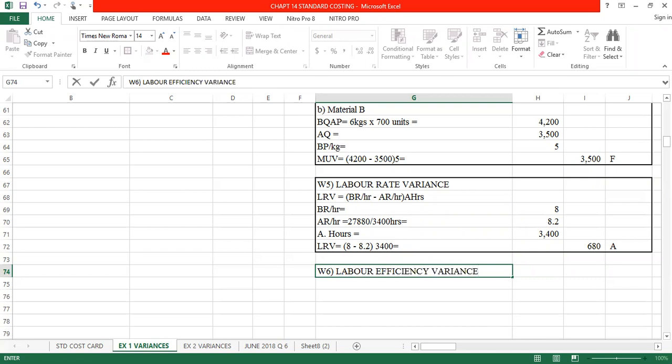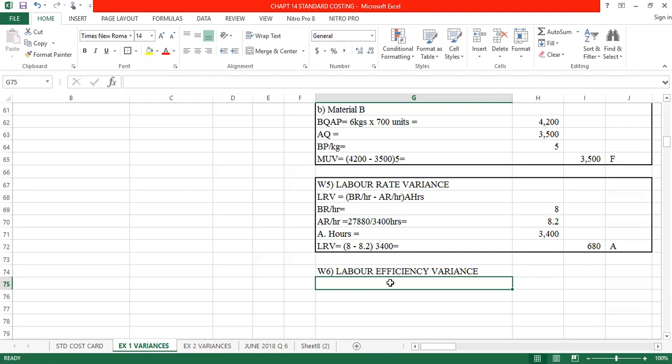Now, how do we get labor efficiency variance? We said labor efficiency variance is equal to budgeted hours for actual production minus actual hours, times budgeted rate per hour.